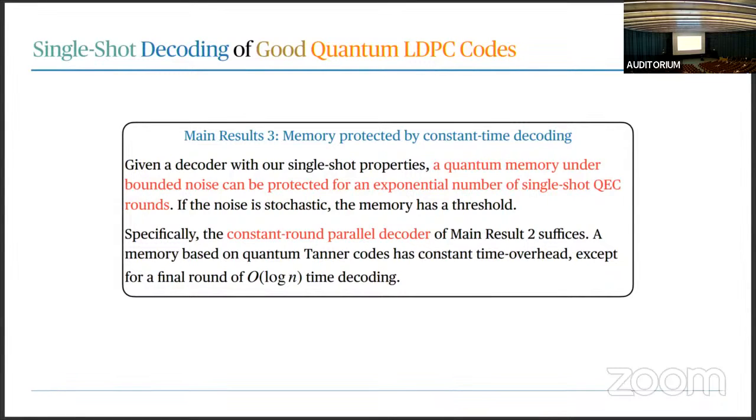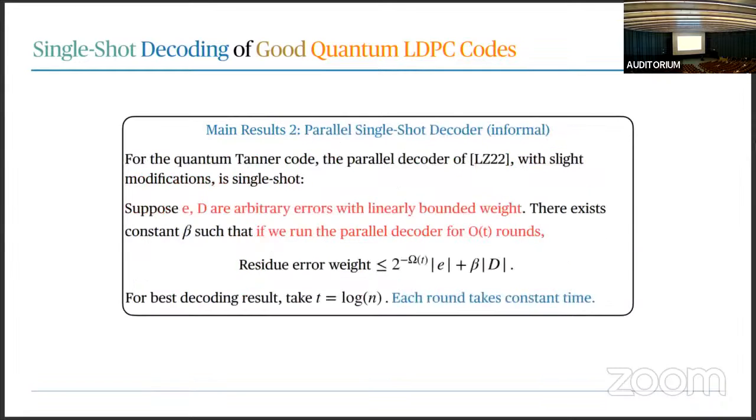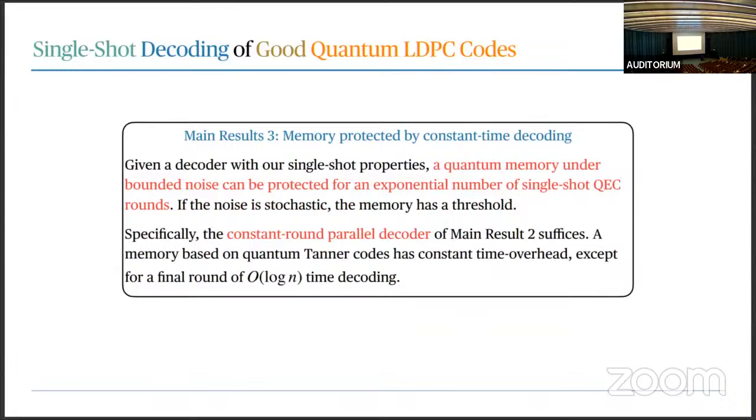Then if you build a quantum memory based on the quantum Tanner codes, or these asymptotically good codes, experiencing bounded noise, then by running the parallel decoder for a constant number of iterations at each QEC step, you can keep your quantum memory alive, meaning no logical error happening, for an exponential number of rounds, exponential in n.